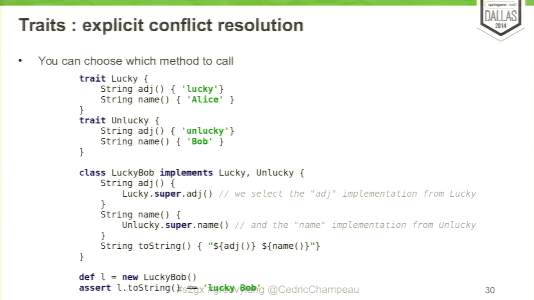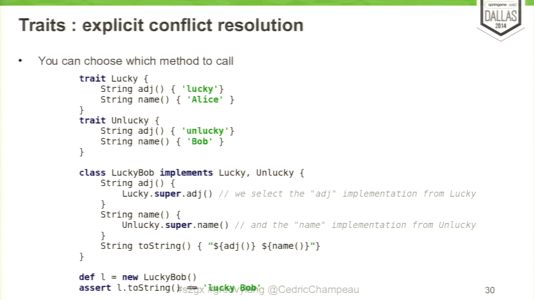Say I have a trait called Lucky, defining an adjective which is lucky, and a name, Alice. And another trait which is Unlucky, defining adjective, unlucky, and a name, Bob. So Bob is unlucky, Alice is lucky. Oh, good, but I want a lucky Bob. How do I do that?